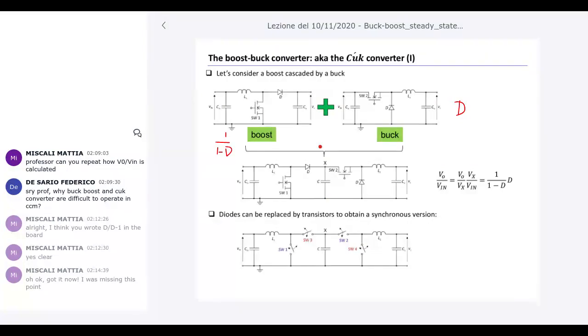When you put them in cascade, in series in this way, you get the multiplication of the two conversion ratios. This is for the Chuk, but it is all the same for the buck boost. They are reversed: you have the boost at the output and the buck at the input, but you have the same conversion ratios, so you get the same product. I hope that this clarifies, Miscali.